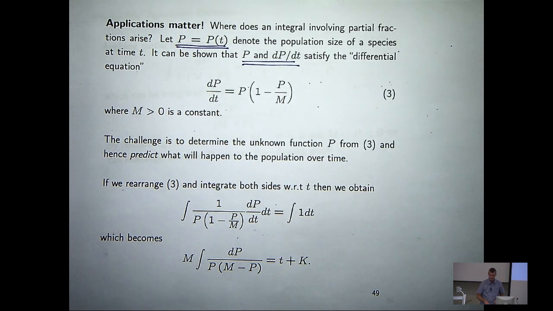What we would like to do, like with any other equation, is to solve it. So the unknown here is not a number, it's a function.